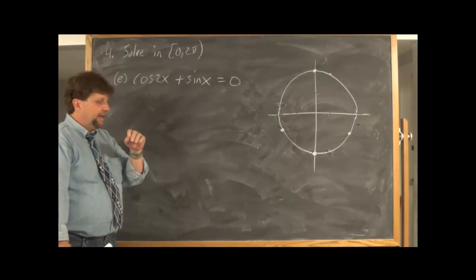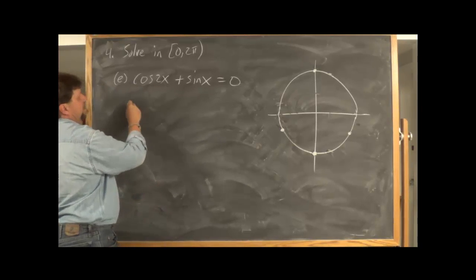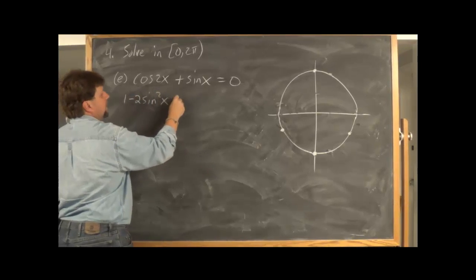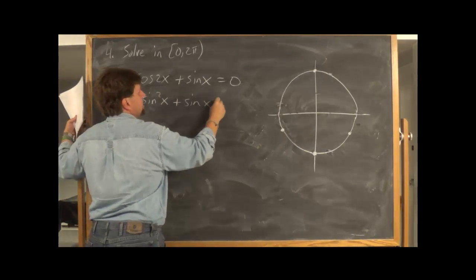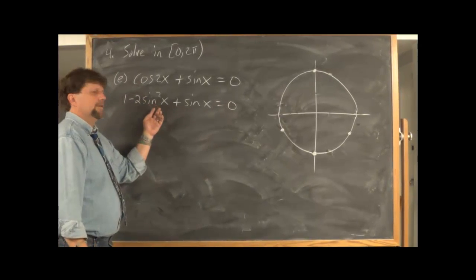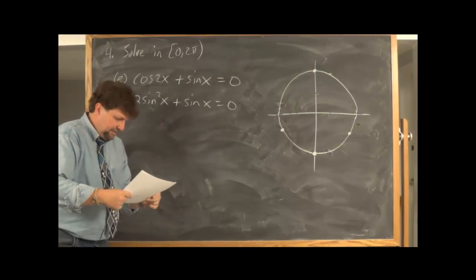Out of those three, the one to use here is to rewrite cosine 2x as 1 minus 2 sine squared x. Because that way we end up with a trig equation that has just one trig function in it. That should be a little easier to solve.